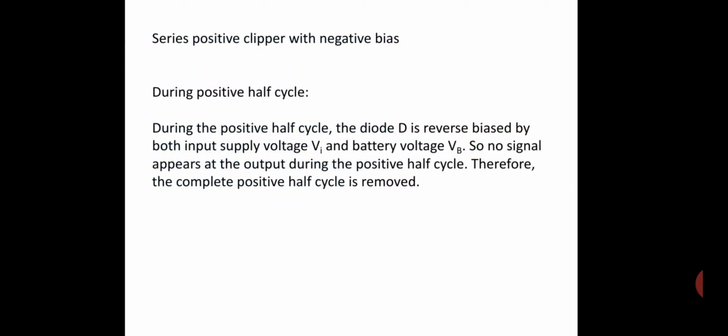And next we discuss series positive clipper with bias. Positive bias: when a battery is connected positively with the diode and the diode is in series, then it is called series positive clipper with bias. Biasing with DC connection with the diode. And next we discussed series positive clipper with negative bias.